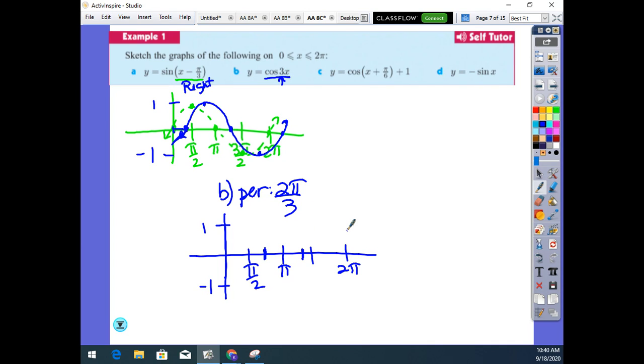All right, so cosine starts up at 1 and it finishes at 1. And then halfway in between, it's down at negative 1. And then it crosses in between. So I'm going to kind of do that for each one.